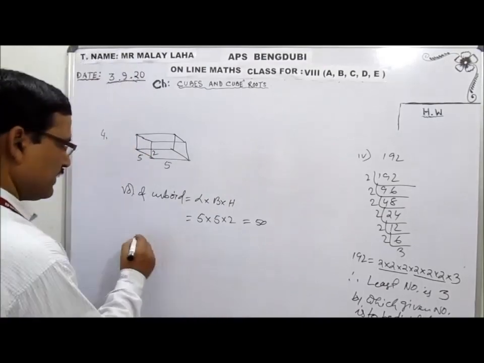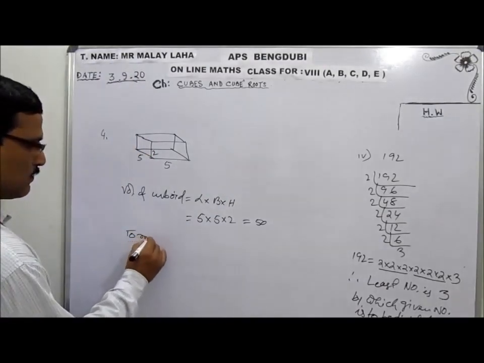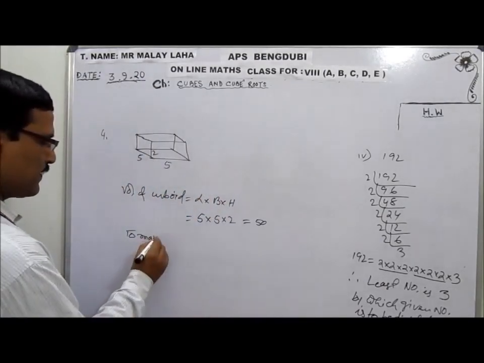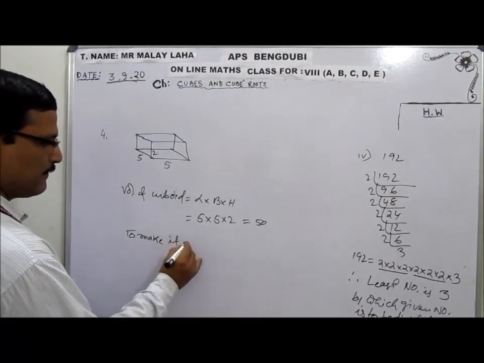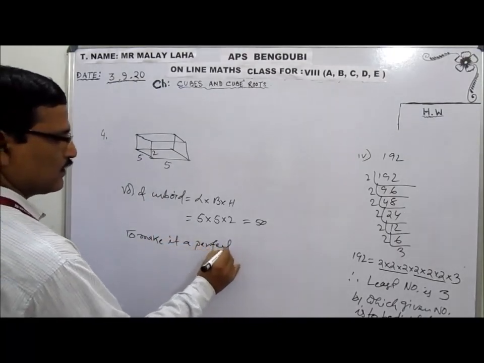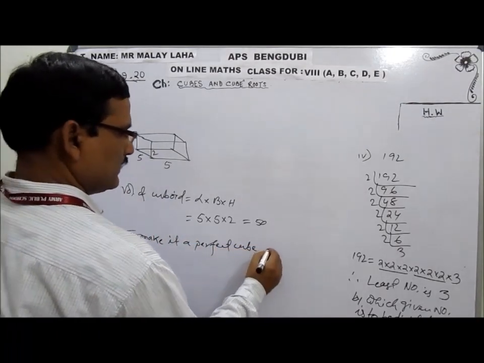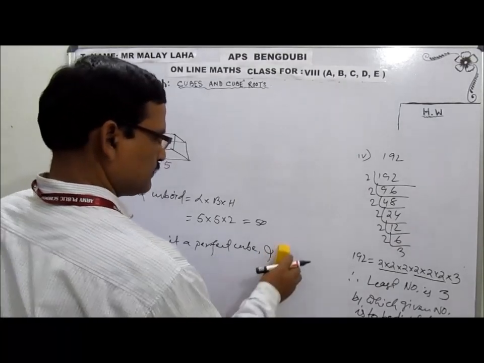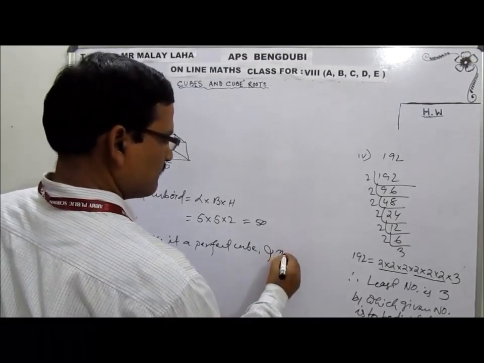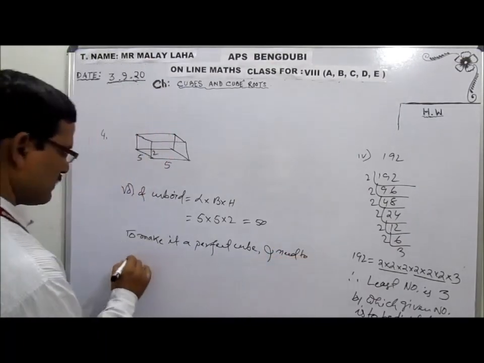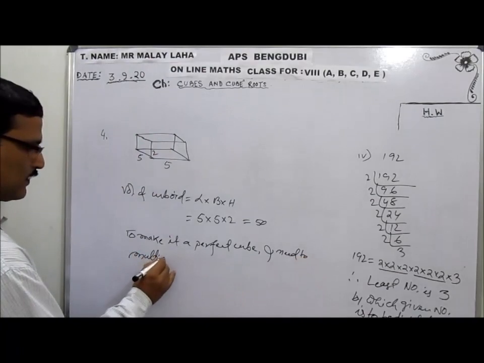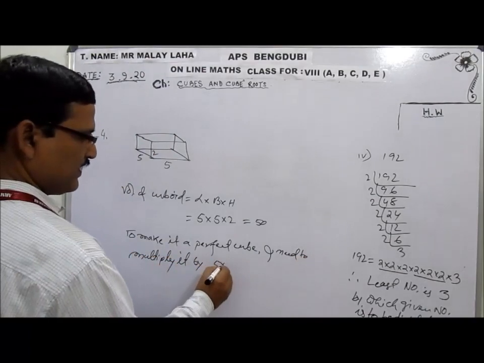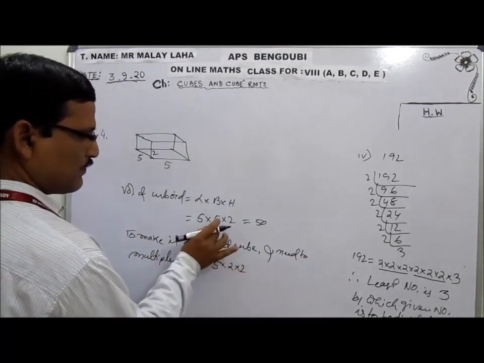So to make it a perfect cube, I need to multiply it by 5 into 2 into 2, one 5 and two 2s.